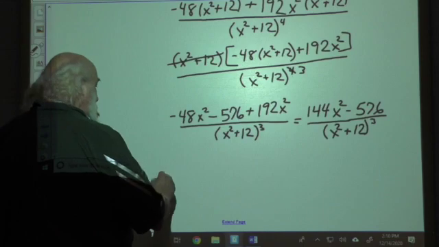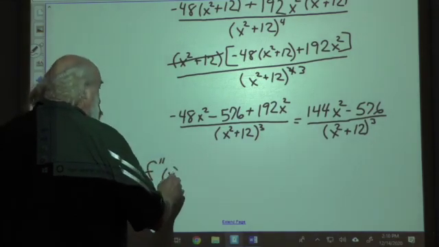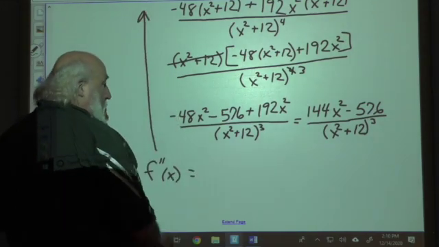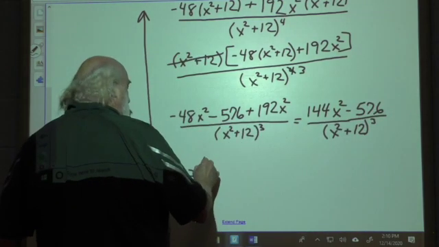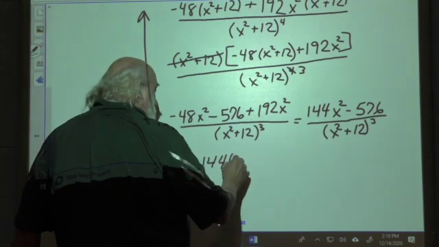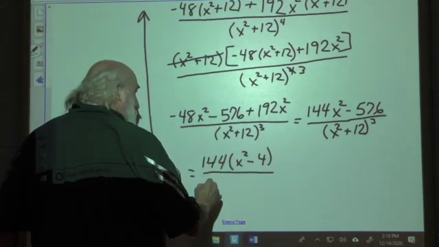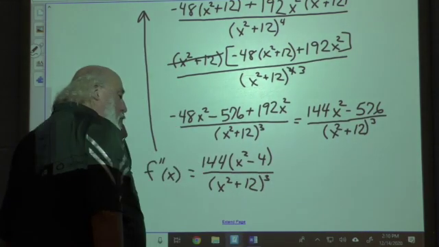So this becomes alpha double prime x, which I've been ignoring all the way here. It's going to equal, and there's a factor of 144 out of both of these, 144 times x squared minus 4 over x squared plus 12 quantity cubed.